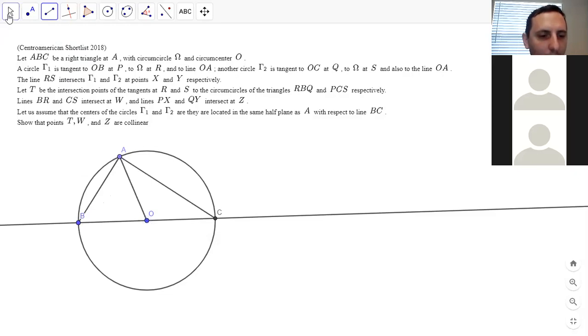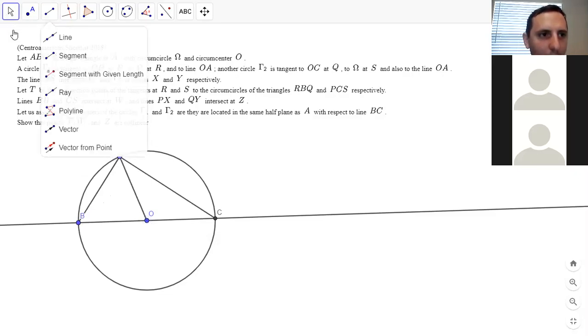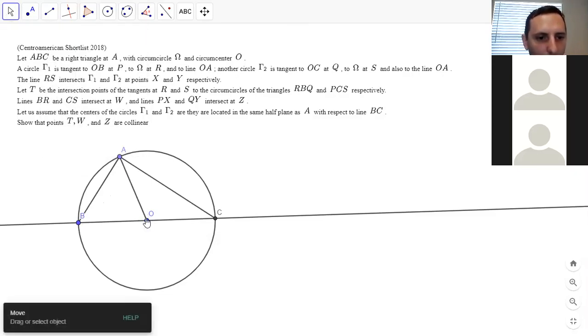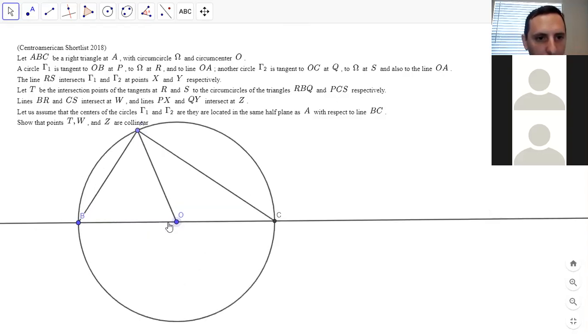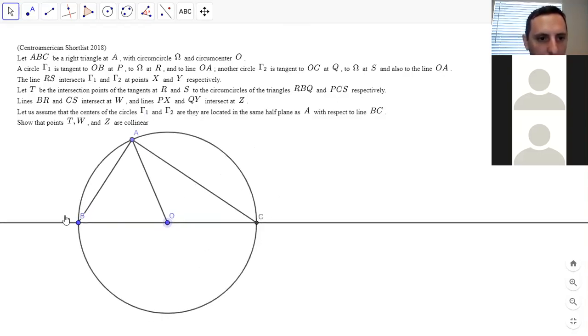I forgot how to draw this using GeoGebra. Do you guys know? There is a way to do it, I just forgot. We want a circle tangent to AO, BO, and, oh, actually, since AOB is isosceles, it might be easier to figure out how to do that.